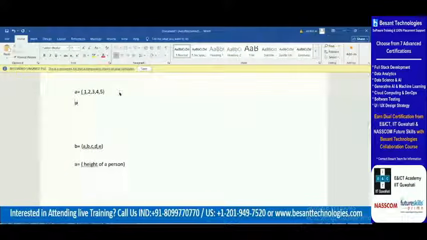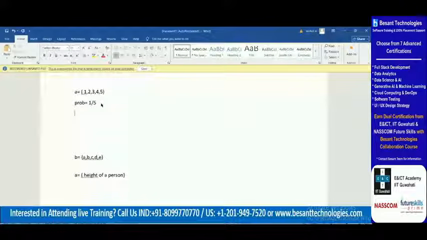You people are saying the probability of getting 1 is 1 divided by the total sample space here, which is 5. So this is the probability of getting 1 in this sample A. Now, what is the probability of not getting 1? At that time, you no need to count anything for the non-occurring event.